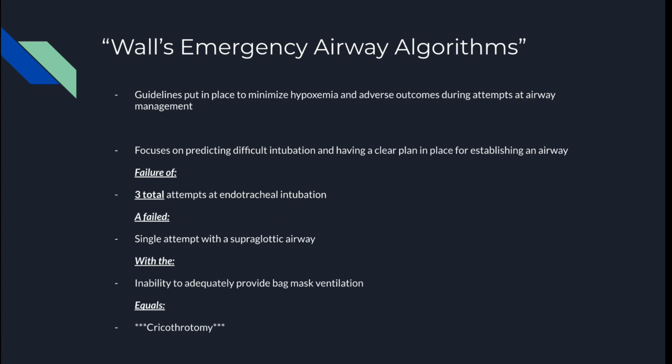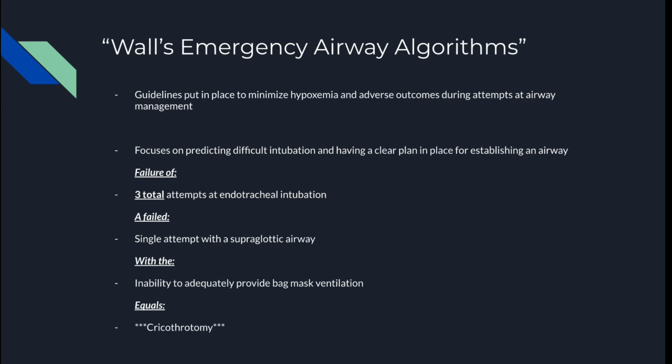So when we're talking about the WALS Manual of Emergency Airway Management, everybody here should have a pretty good understanding of what those algorithms look like. These are all highlighted in great detail in our patient care guidelines in the airway management section.